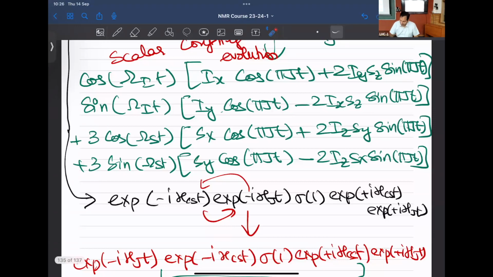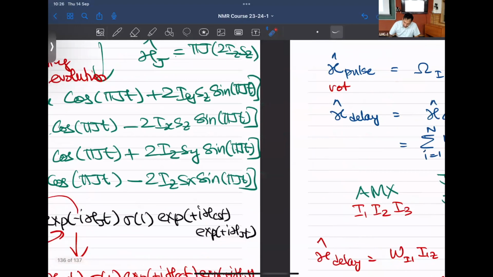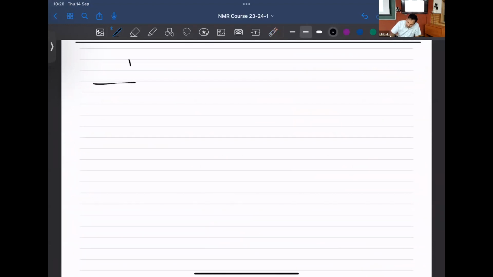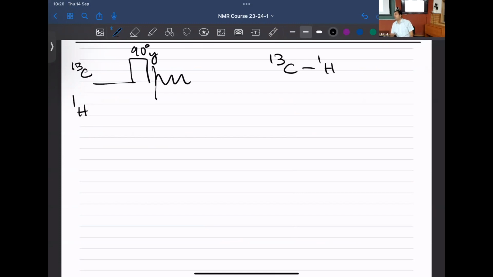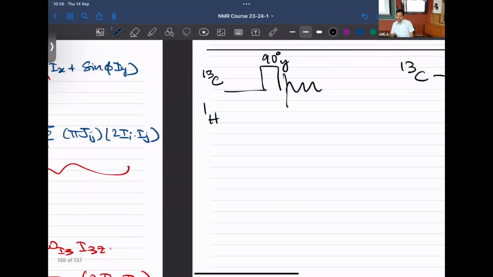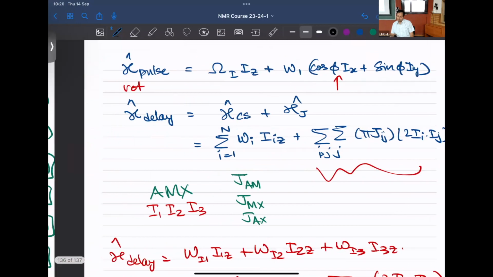Okay, so let's take another example. Let's take a very simple example. We'll not solve this because it's very easy to think about. Let's say that you're having a 13C1H spin system. Previously we saw a proton experiment. Now we are looking at the carbon experiment, a carbon one-dimensional NMR experiment. Previously, I didn't define it as a proton one-dimensional NMR experiment.